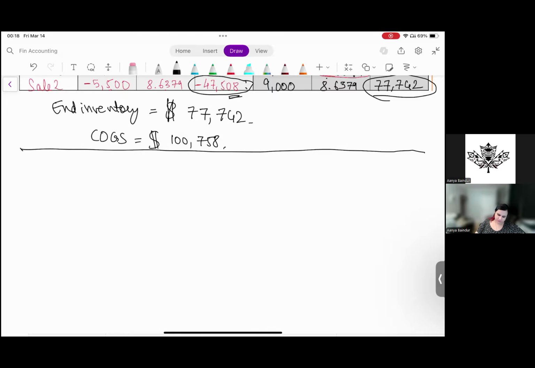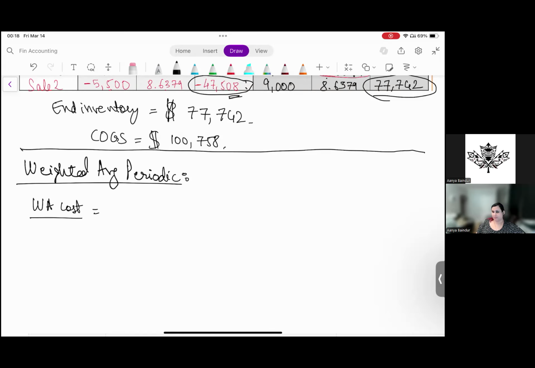Okay, so let's do weighted average periodic. So weighted average cost. This is basically like a golden ratio. We'll be multiplying all the unit figures we get by this value to get how much their total value is.